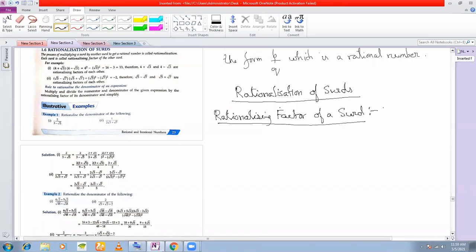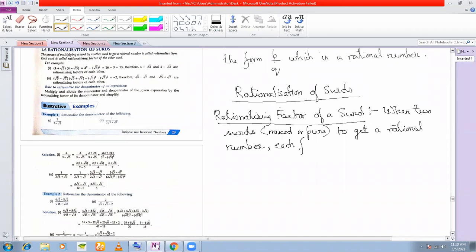The definition here is when two surds are multiplied to get a rational number, each factor is called the rationalizing factor of the other.